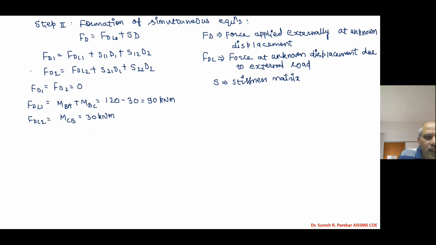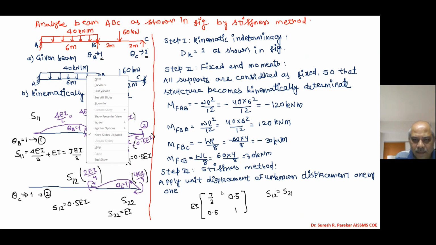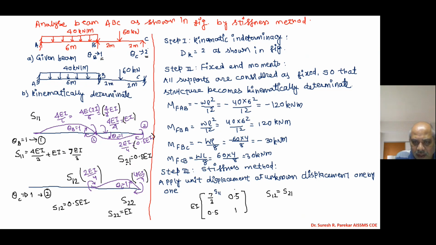Now we will substitute all these values in this equation. We know S11, S12, S21, S22.